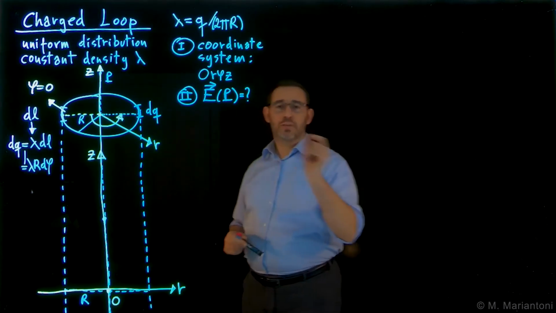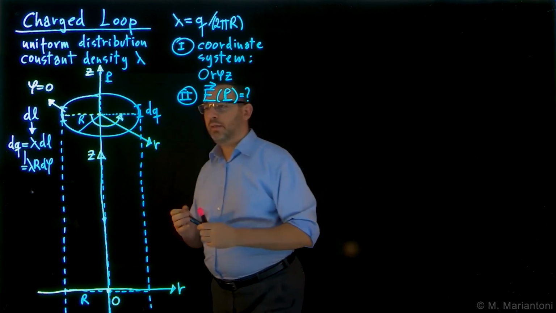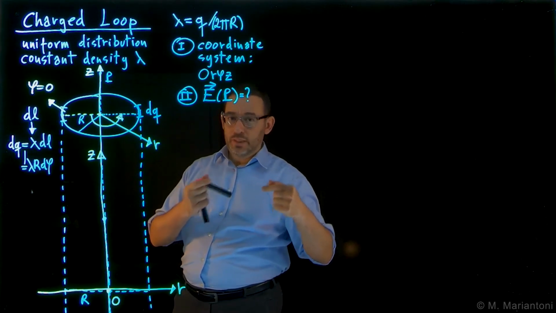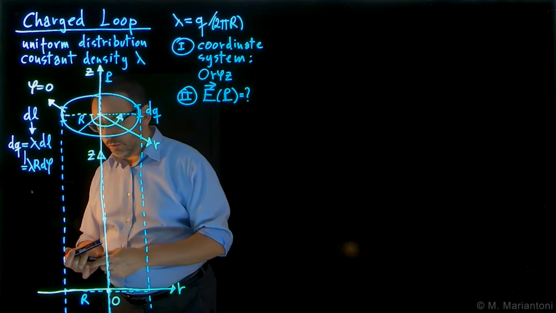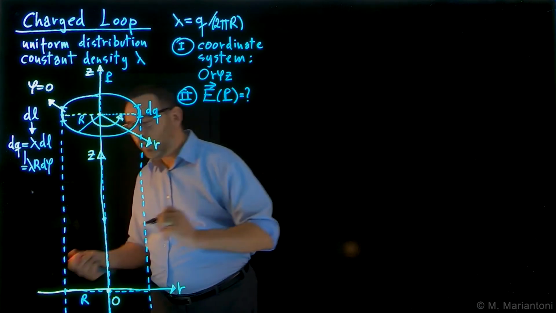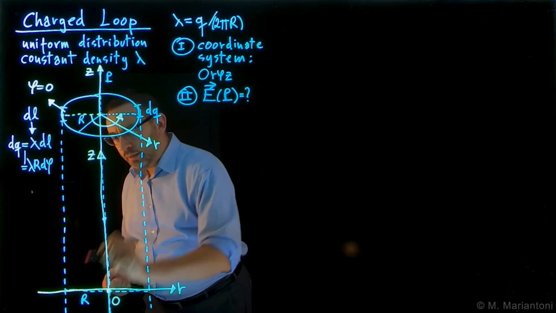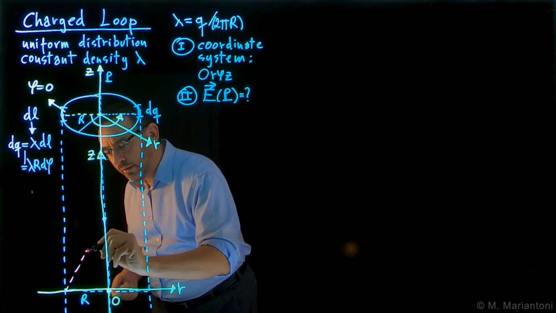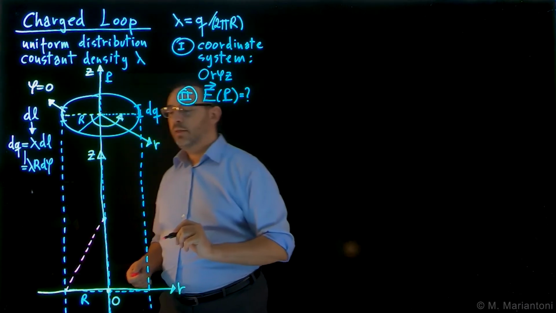So we can use for each of them Coulomb's law to find the electrostatic field dE, which is infinitesimal, associated with one of them. So if we consider the first element here, for example, from Coulomb's law, we know that the electrostatic field has to be directed along the straight line which connects these 2 points.